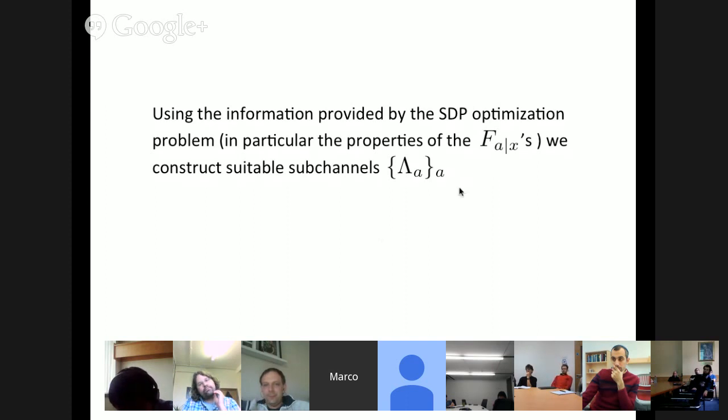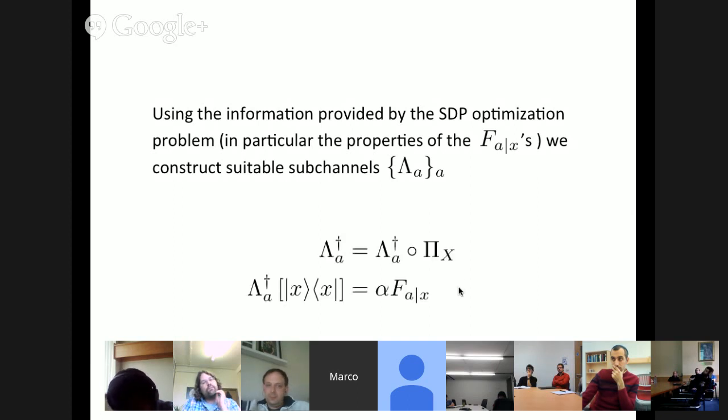We can now run the SDP optimization program that tells us that there are certain Fs with certain properties. Those Fs are used to construct suitable subchannels that are better distinguished by the use of that state. I don't want to enter into the details, but you can refer to the paper.